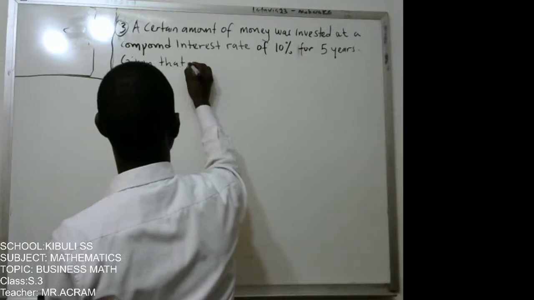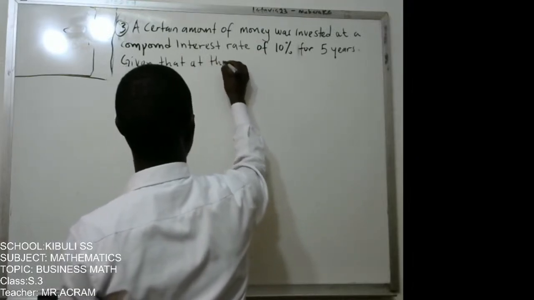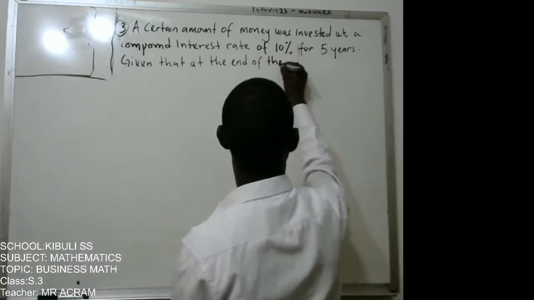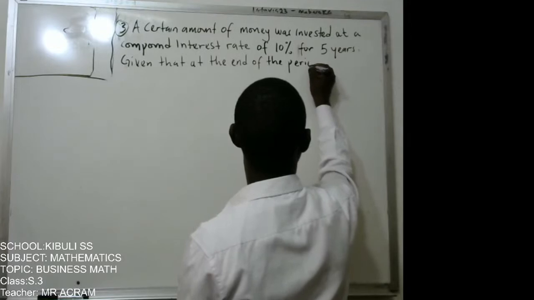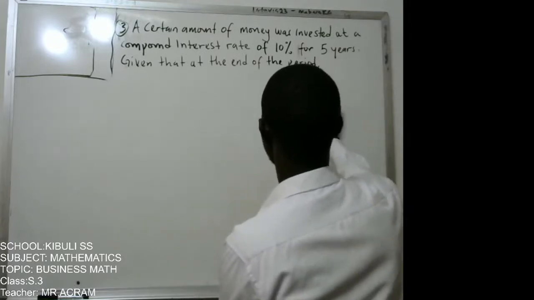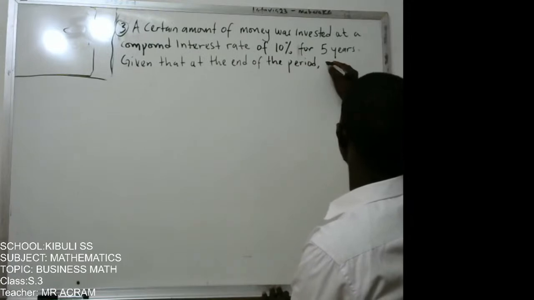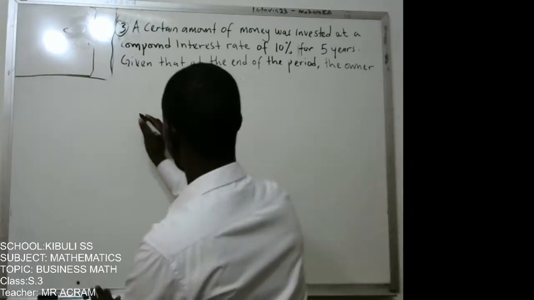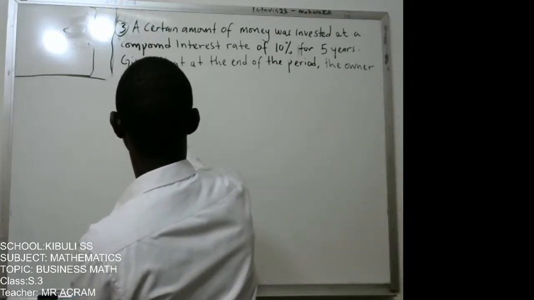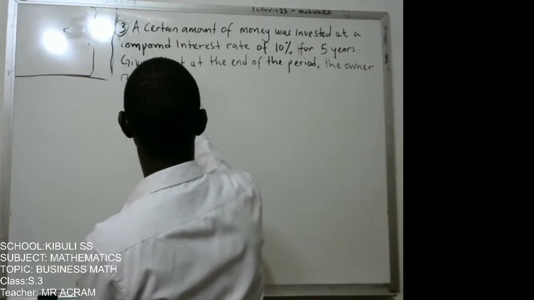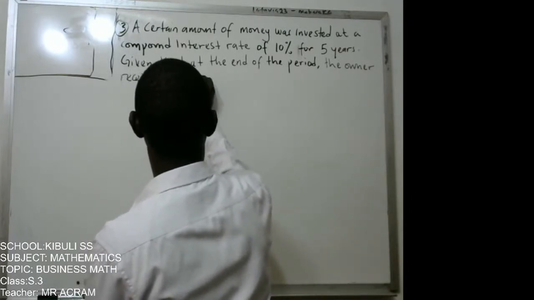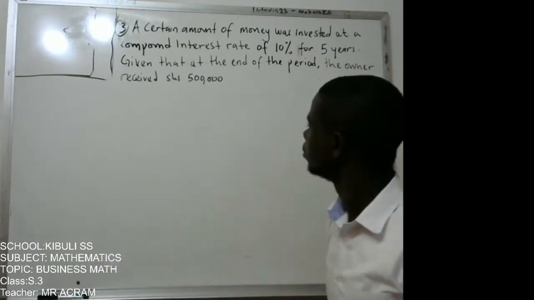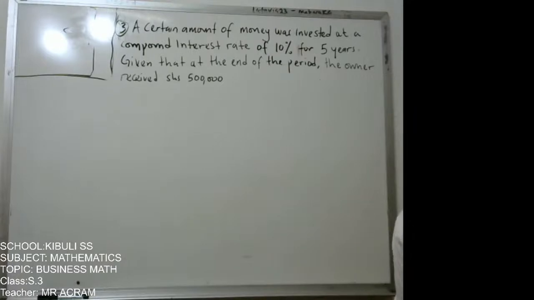Given that at the end of the period the owner received shillings 500,000.